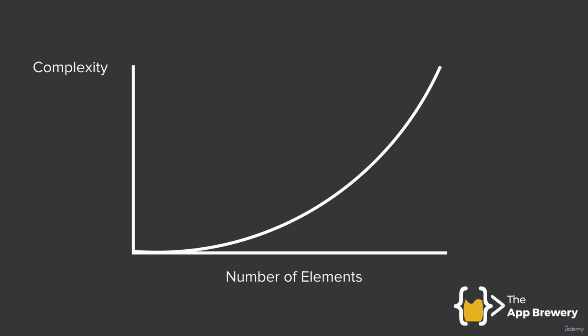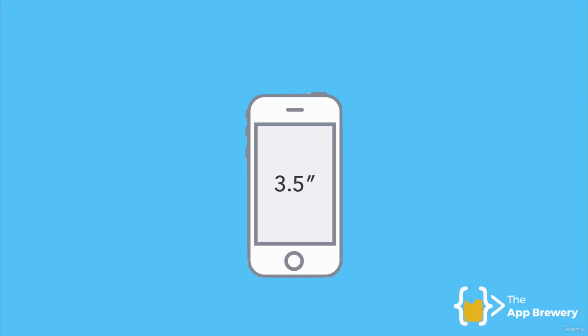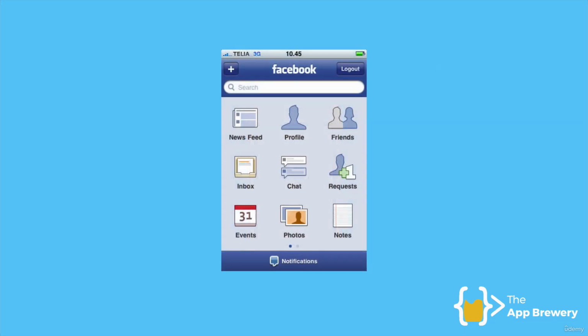So constraints can be really easy to do and do well if you only have 4 or 5 things on screen. But we're no longer in the 3.5-inch screen era anymore. When we used to have a small screen, there's only so much that you can fit onto that screen. And this is the time when it made sense to use constraints.